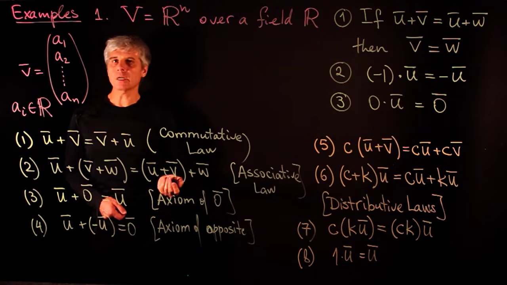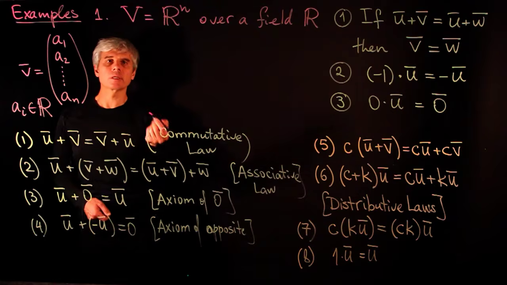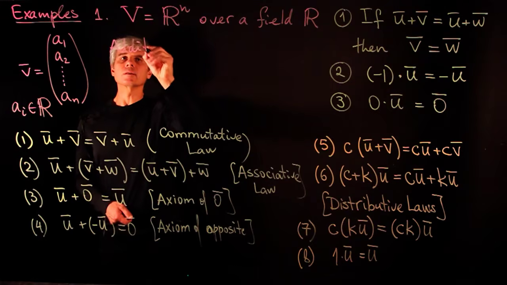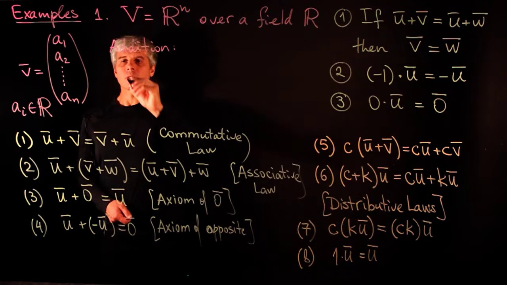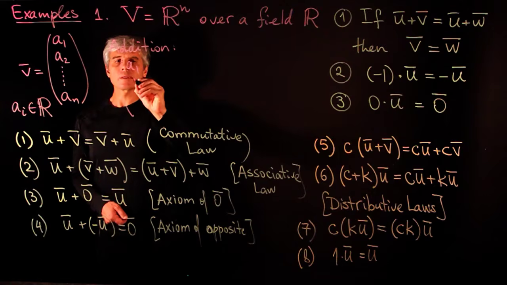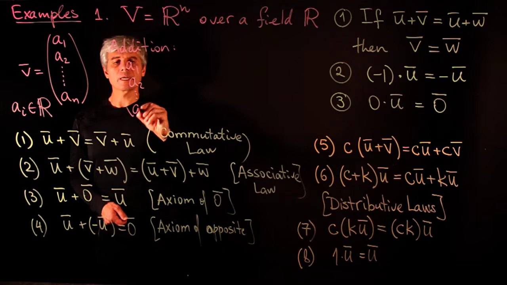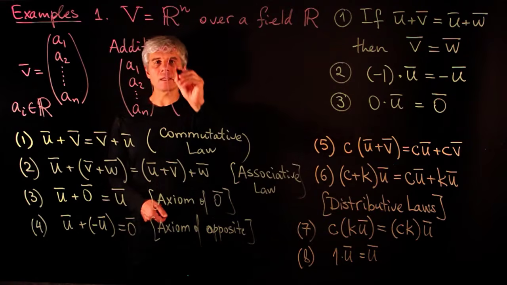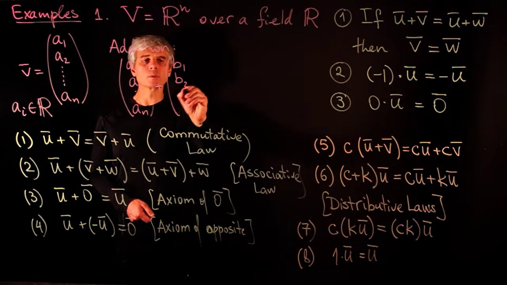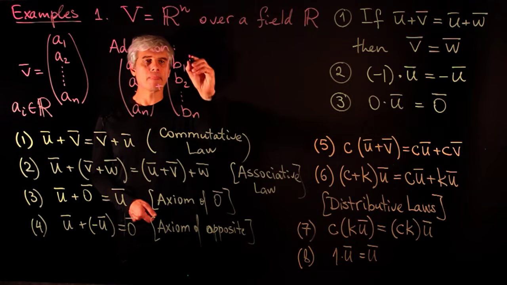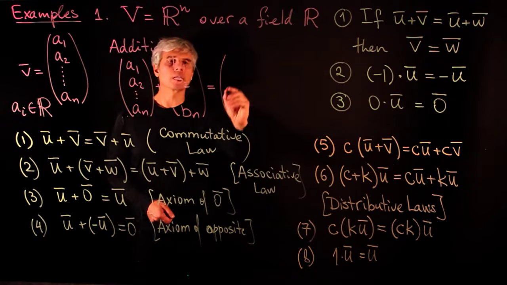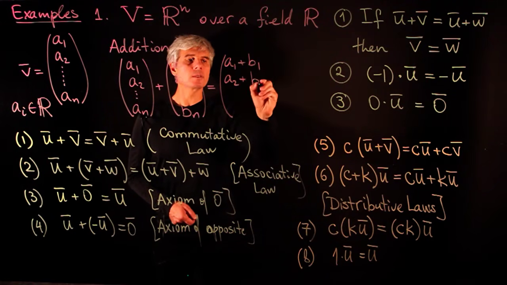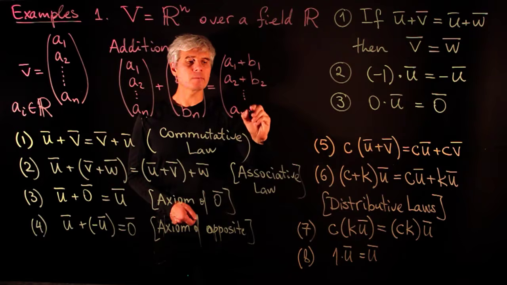And so here we have operations, right? So we have addition, where we take a1, a2, an, so one vector, plus another n tuple, b1, b2, bn, and we add them component-wise. So we get a1 plus b1, a2 plus b2, an plus bn.